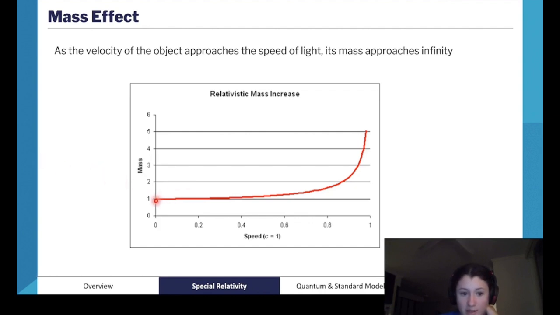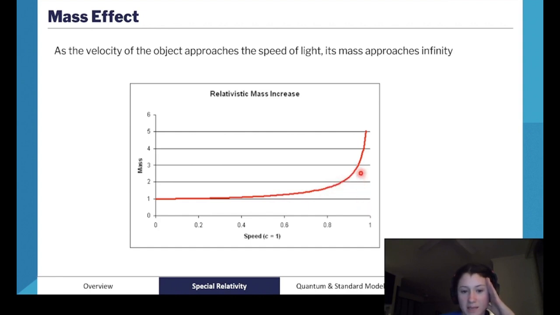As you can see here, its mass is fairly stable when it's traveling at lower speeds over here. But as we get to around maybe 0.5 the speed of light, what you can see is that the mass is increasing exponentially.